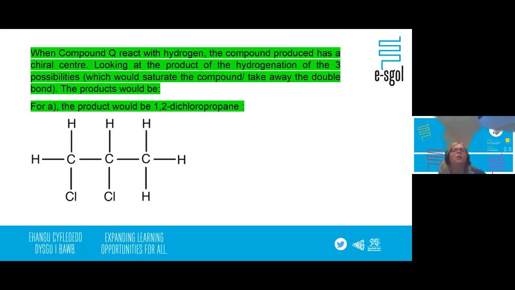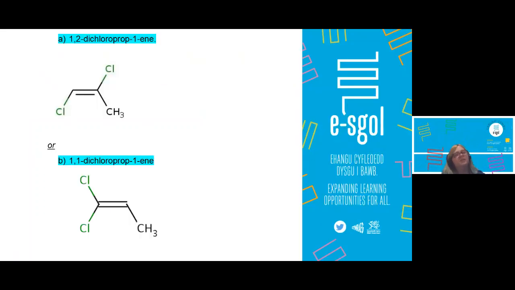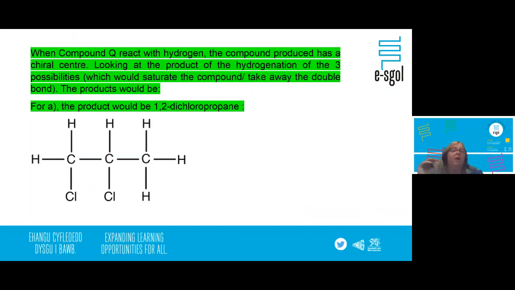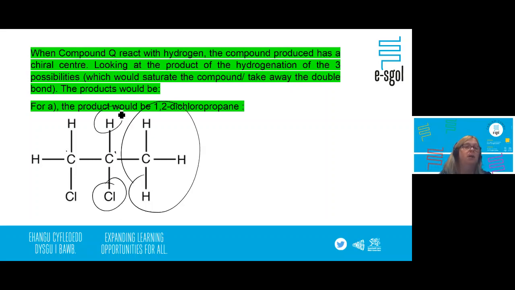If you saturate the first possibility, A, with hydrogenation, you end up with this compound. Is that a chiral center? No, because I've got 2 carbons attached. Is this the chiral center? Yes, in fact it is, because I've got a methyl, a chlorine, a hydrogen, and what initially might look like a methyl, but it's not because of this presence here. So that is indeed a chiral center.